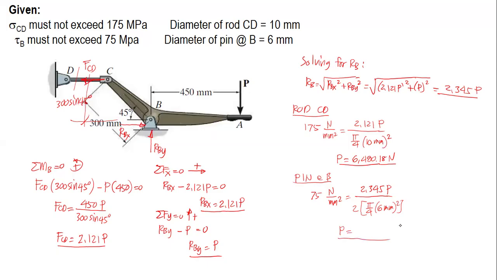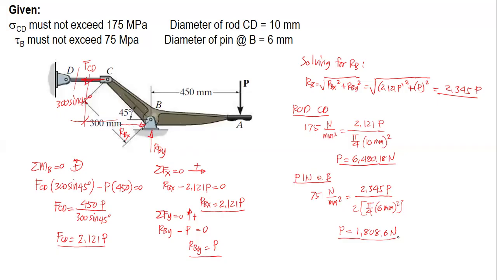Let's cross multiply: 75 times 2 times pi over 4 times 6 squared divided by 2.345. The answer is 1,808.6.